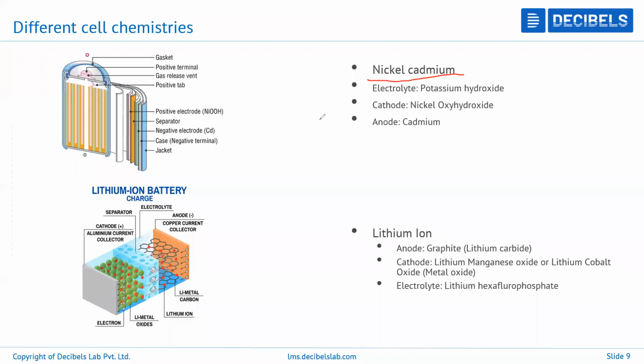Moving on to lithium ion, probably the most famous example of today's modern electrochemical cells. Your anode is made out of graphite, or further, if you look into the structure, it is actually made out of lithium carbide, LiC6: 6 atoms of carbon and 1 atom of lithium.